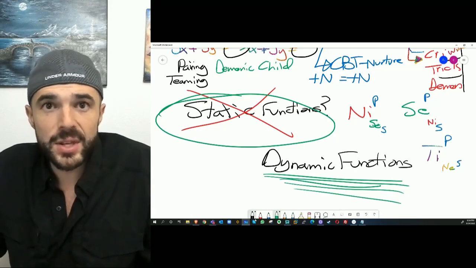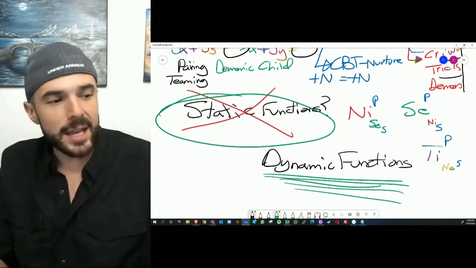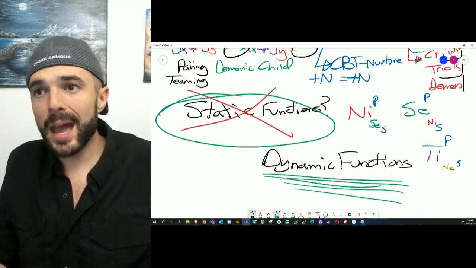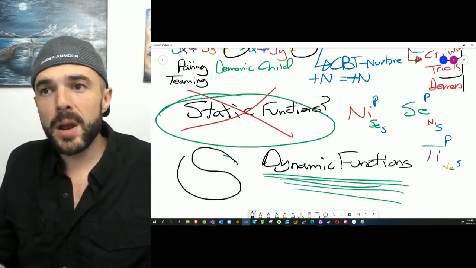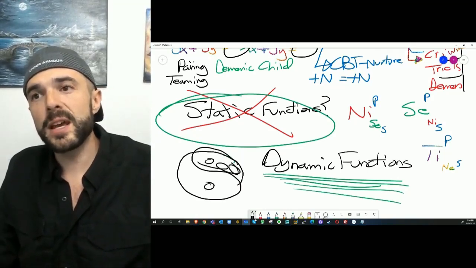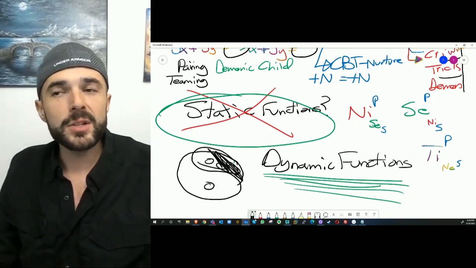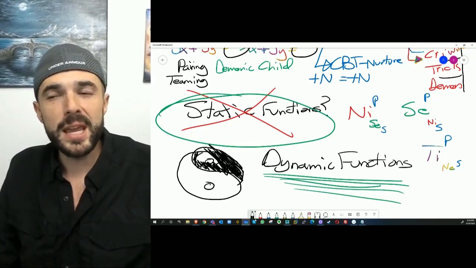So in all things Jungian analytical psychology, you have to look at it in terms of dynamics. You have to look at it in terms of primary versus secondary. You have to look at it in terms of yin and yang. If you're not looking at it in terms of yin and yang, you will never reach the understanding that you need with functions.